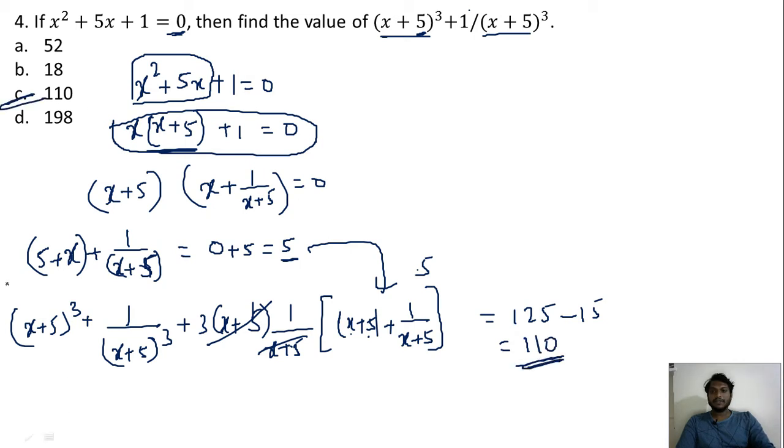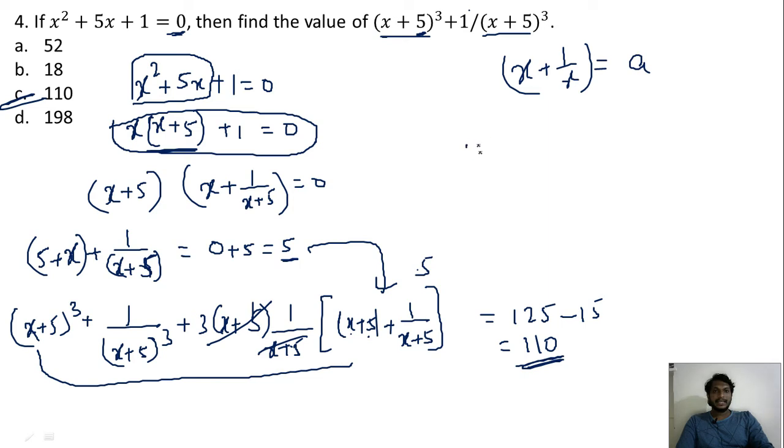Now you don't have to do all this process because you know that if x plus 1 by x is equal to a, then x cube plus 1 by x cube will be equal to a cube minus 3a.